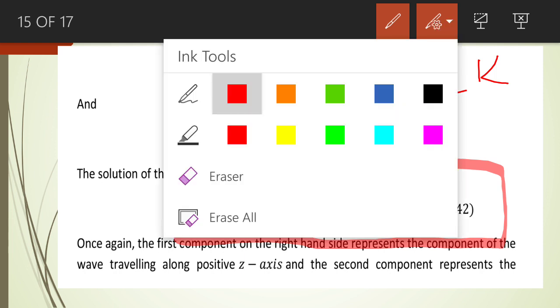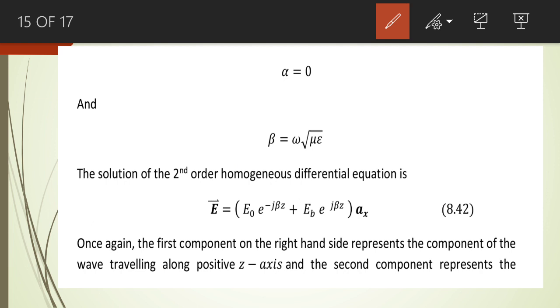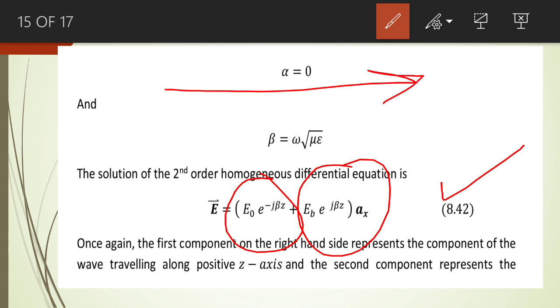So the solution of the second order homogeneous differential equation will be in this form. You see, there are two components of the electric field intensity. This is one component, and here is the second component. The first component represents the component of the wave which travels along positive z-axis, and this is known as the forward traveling wave, FTW.